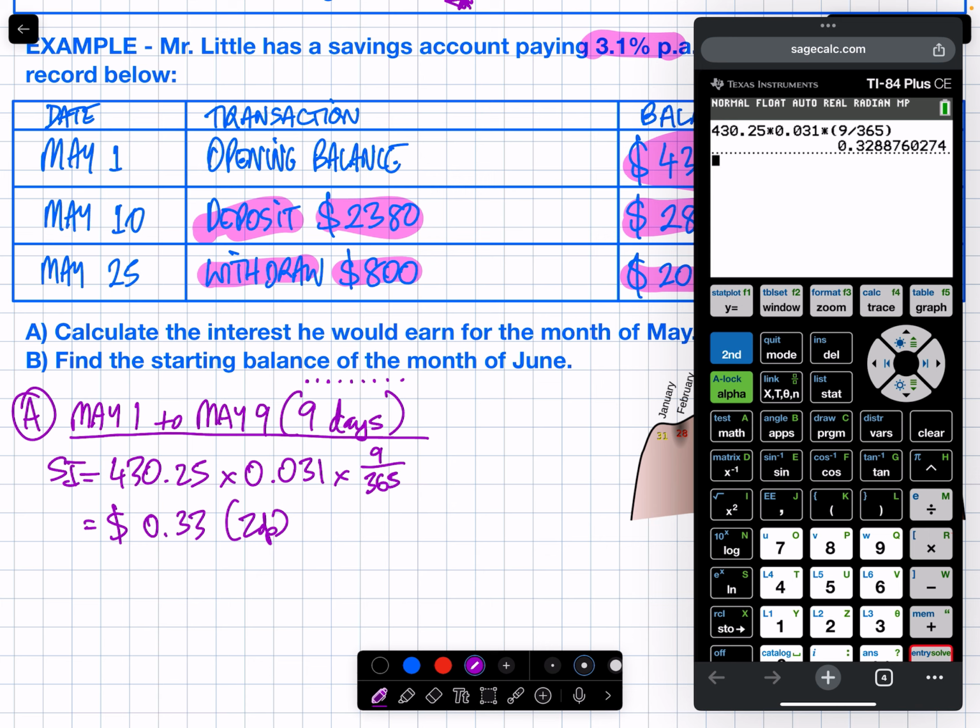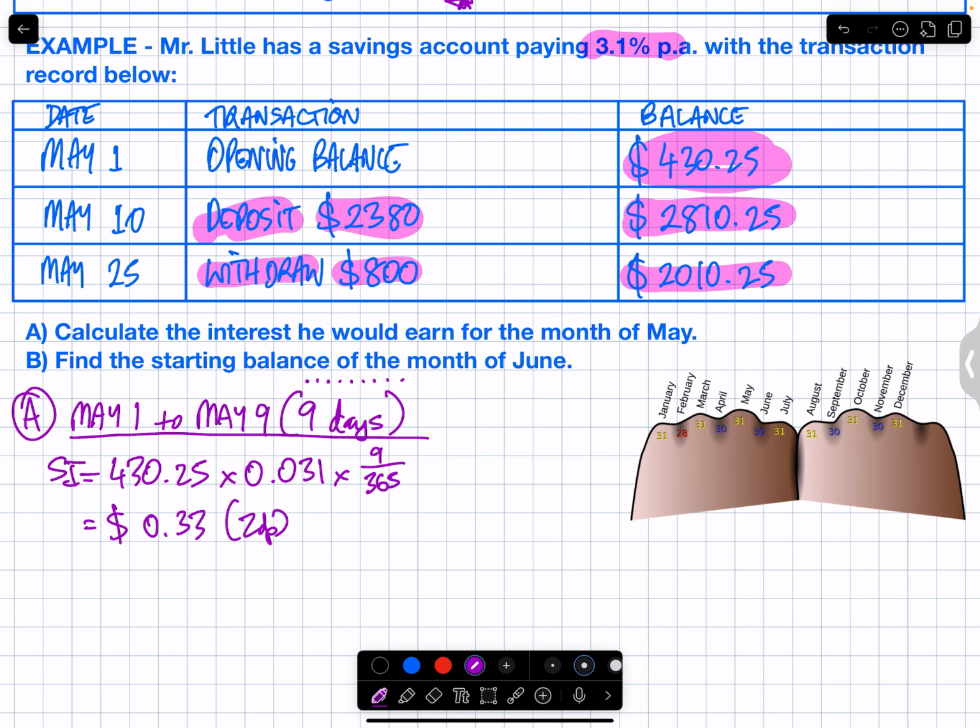What is the next balance for? The next balance is from May 10 to, not to May 25th, because May 25th is when it changed. May 10th to May 24. May 10, 11, 12, 13, 14, 15, 16, 17, 18, 19, 20, 21, 22, 23, 24.